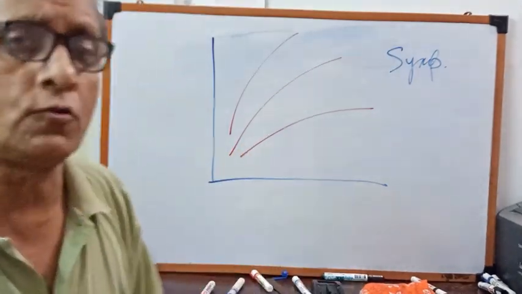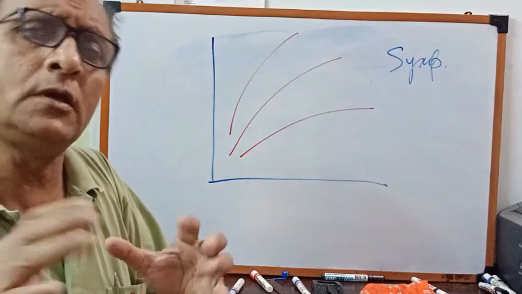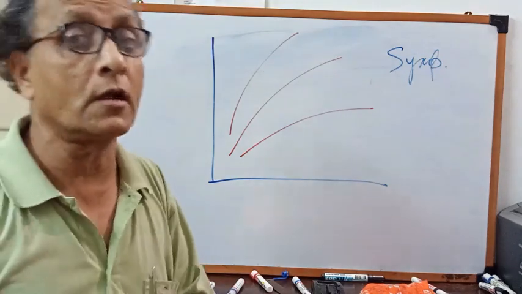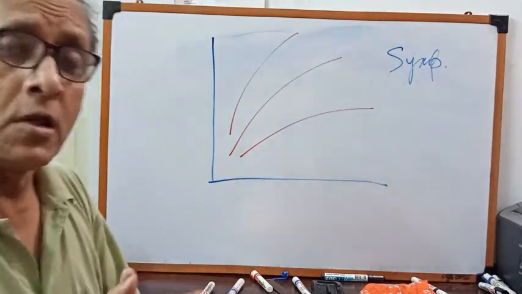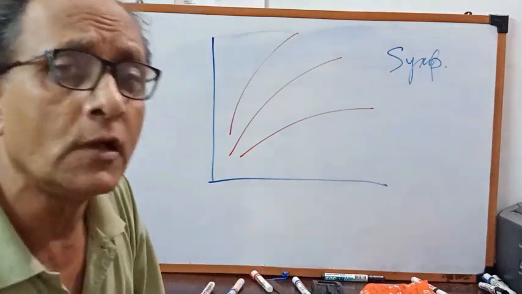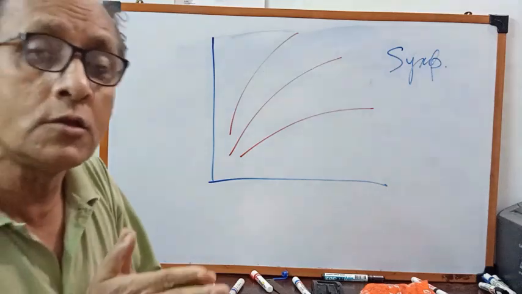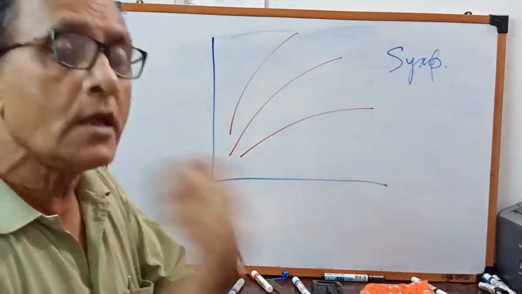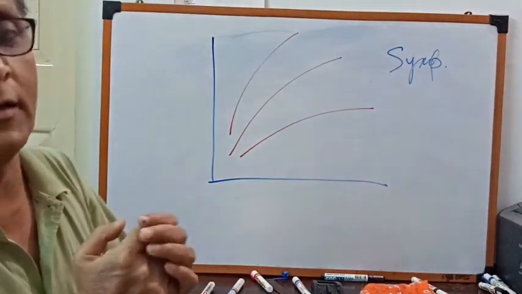But in any situation, we shall discuss these issues in more detail when we shall discuss the regulation of cardiovascular system. For the time being, you just remember this much. There are neural issues, there are humoral or hormonal issues which will increase or decrease the contractility.